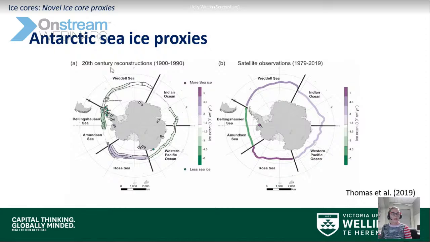At the moment, we're doing quite a good job reconstructing sea ice. This is the extent, or how far the winter sea ice reaches in Antarctica, and we're comparing that to satellite observations from space. But as you can see, we really only have records from the 20th century. So there's a lot more work to do in this area.